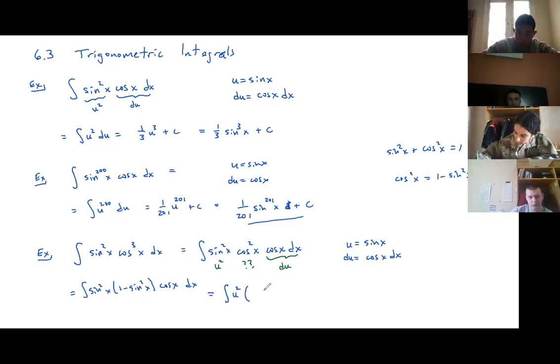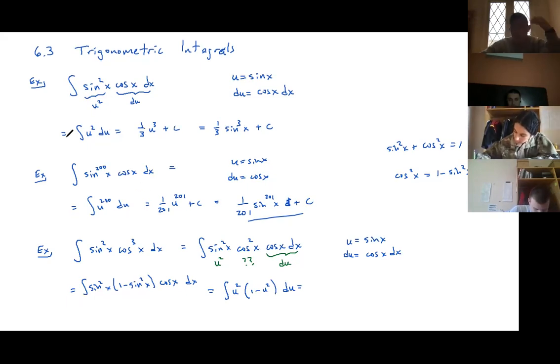In parentheses, what do I have? I have a 1 minus u squared, and then a du. And now I need to do some algebra. Now this is just polynomial stuff. This is u squared minus u to the fourth du.